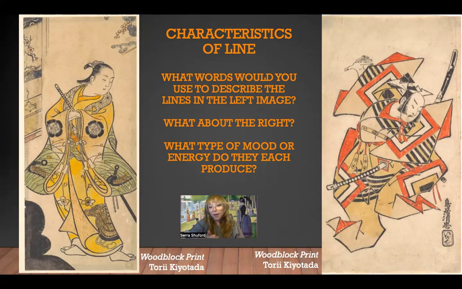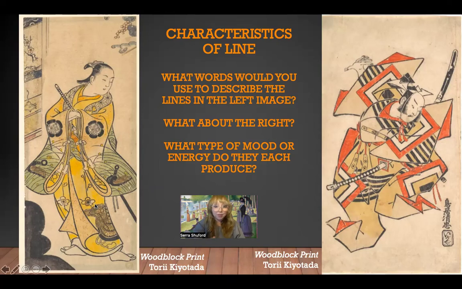And then on the right, the warrior guy over here, there's a lot of sharp zigzag lines that create a feeling of aggression or action, not nearly as gentle and relaxing and calming as the one on the left. So the main difference here is the type of line that is being used between the two pieces.